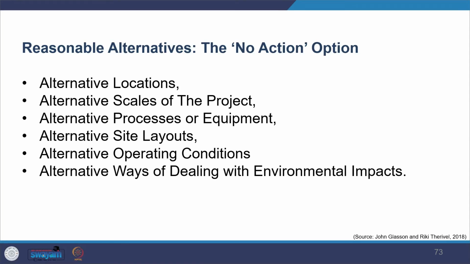So in EIA, you look at various alternatives to see that whatever decisions are made are at their best. It is not assured that the selected alternative is the best alternative, but it gives you the optimized approach to the particular problem at hand. So you need to identify reasonable alternatives.